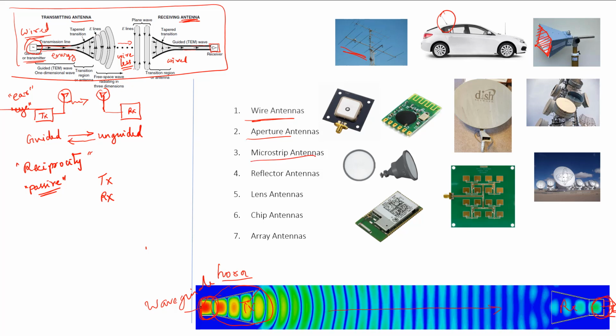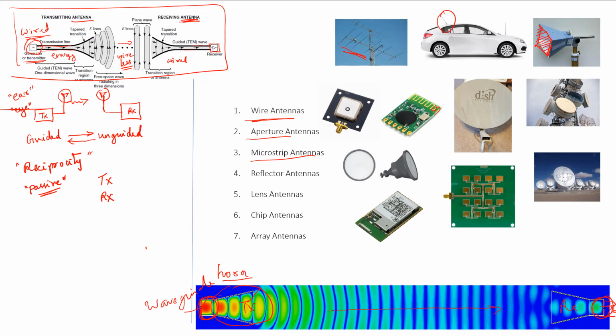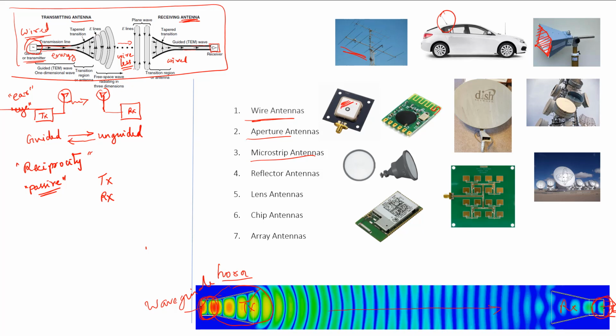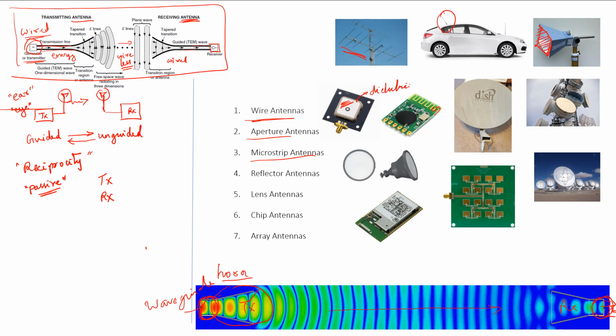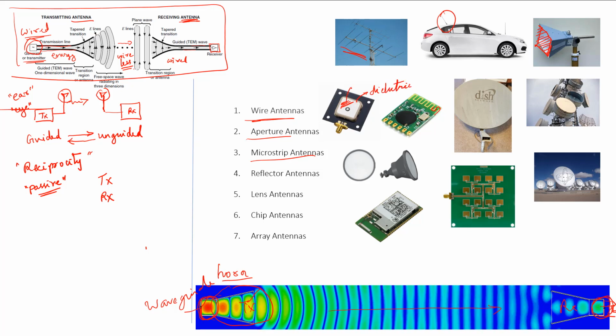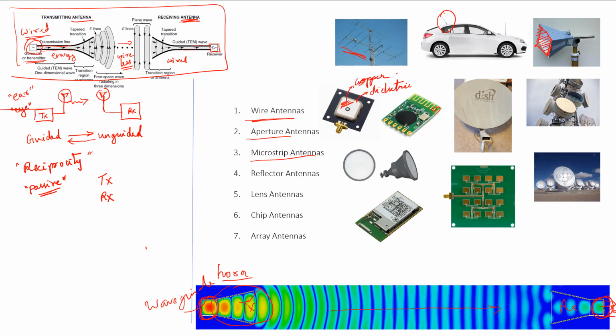There are microstrip antennas that are built on printed circuit boards, where you have a certain copper patch and a dielectric material in between, and then on top is the copper, which is the metal that carries the charges.